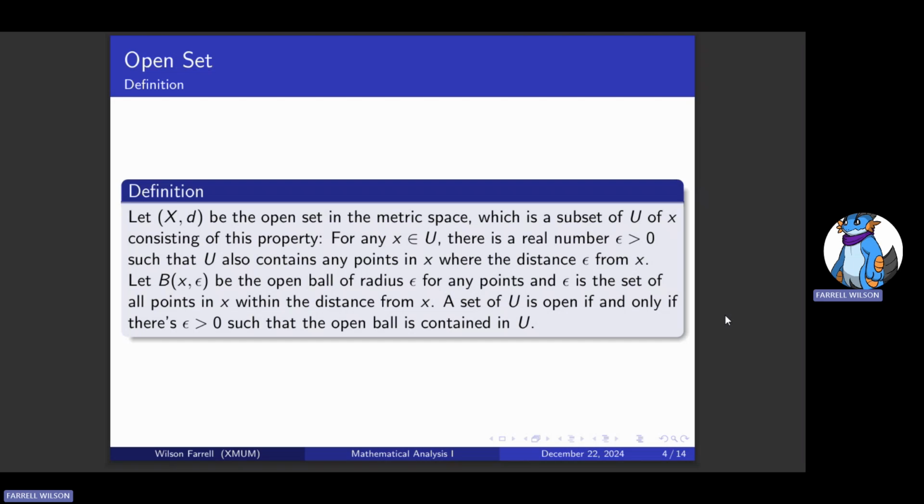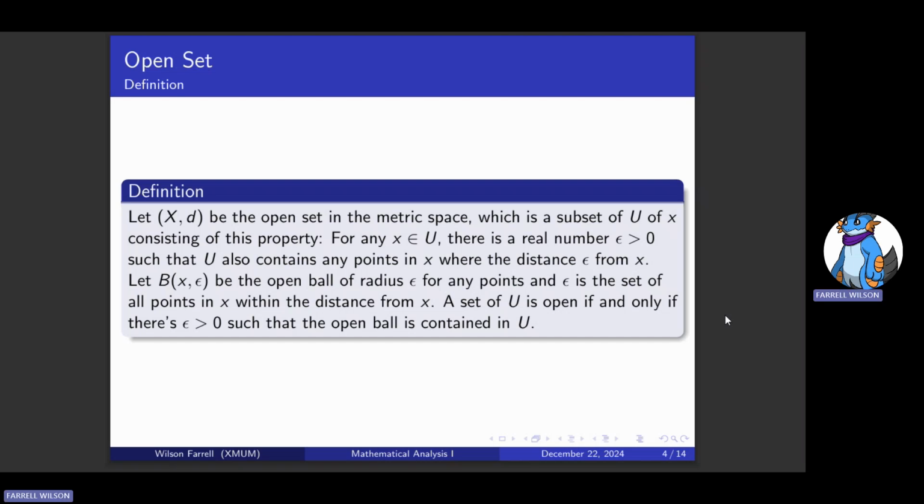For the first definition of an open set, we let (X, d) be a metric space, and U a subset of X with this property: for any x in U, there is a real number epsilon greater than 0 such that U also contains every point of X within distance epsilon from x.